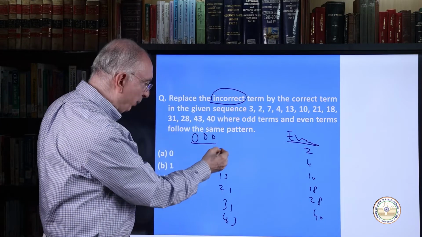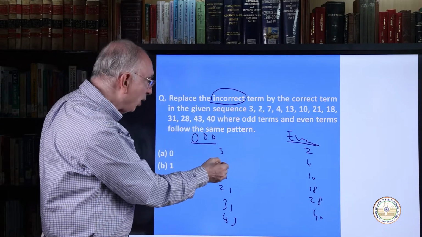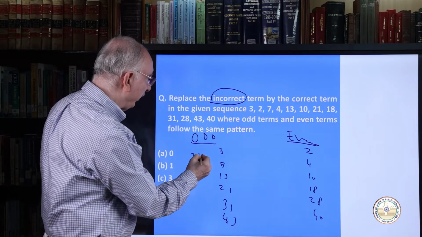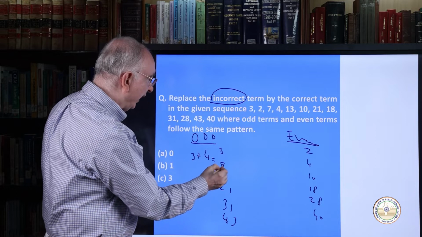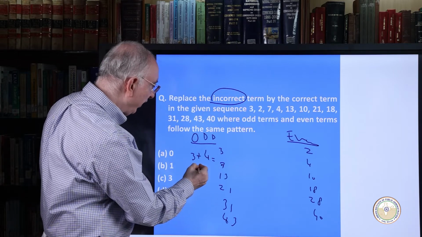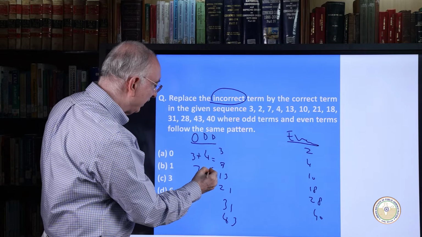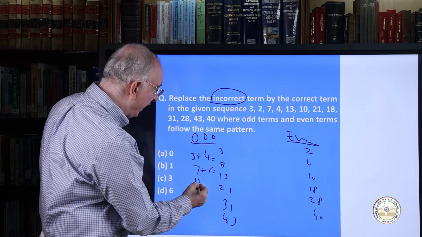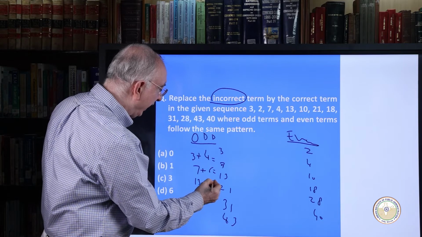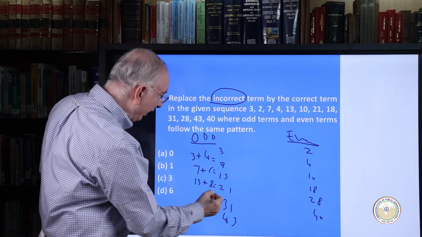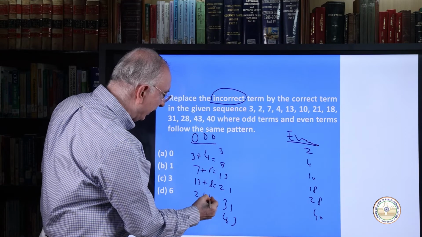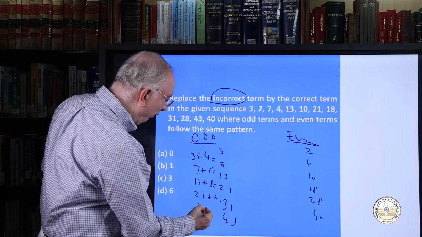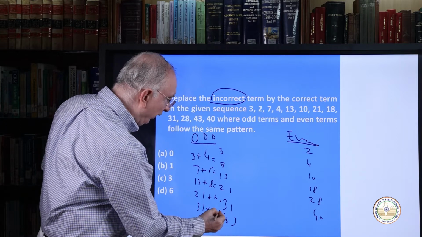Now we have to see the pattern. So how is 7 obtained? 3 is the previous number, and if we add 4, then we get 7. Likewise, in 7 if we add another number, 6, we get 13, and so on. In 13 if we add 8, then we get 21, and in 21 if we add 10, then we get 31, and in 31 if we add 12, then we get 43.